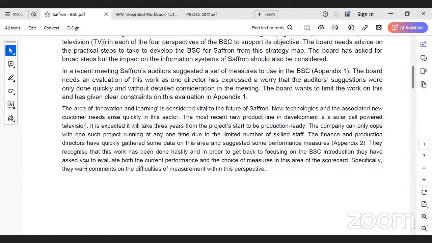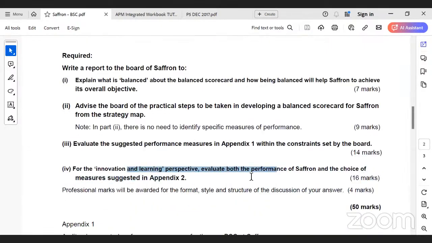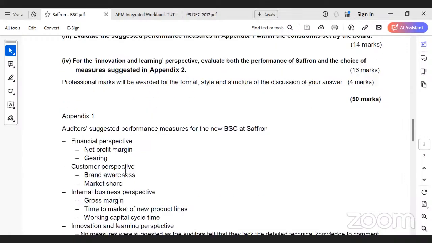The Board of Directors recognize that this work has been done hastily, and in order to get back to focusing on BSC introduction, they have asked you to evaluate both the current performance and the choice of measures in this area of the scorecard. Specifically, they want comments on the difficulties of measurement within this perspective. Now, that is not in this part, no? Difficulties.